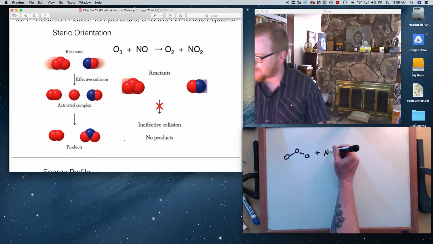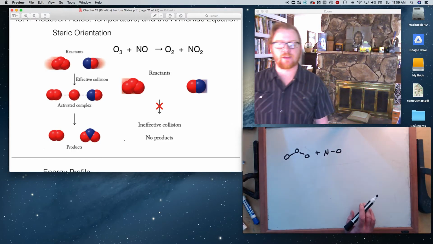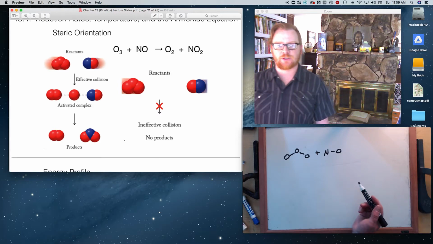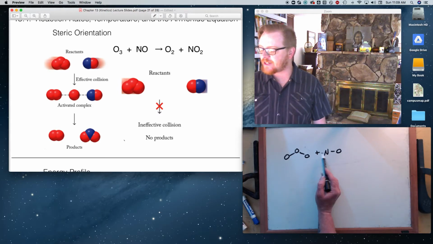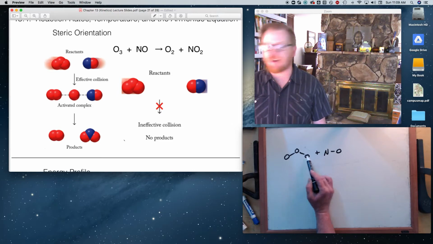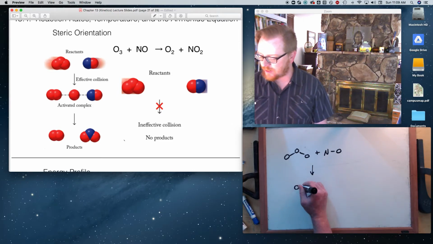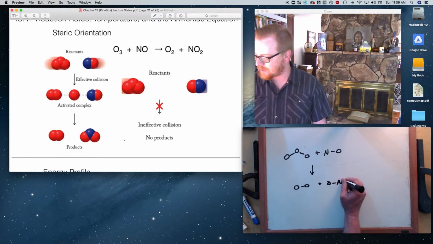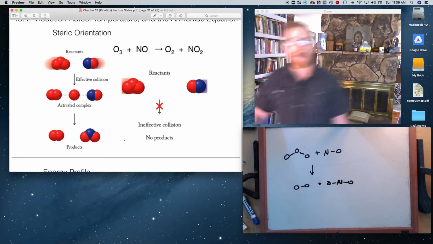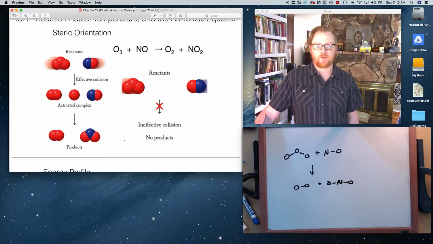So here in this reaction, right, I'm not doing the correct Lewis structures just to make this easier. So they need to collide with the oxygen and the nitrogen oriented with each other, because ultimately what you end up making is a new oxygen-nitrogen bond, right?